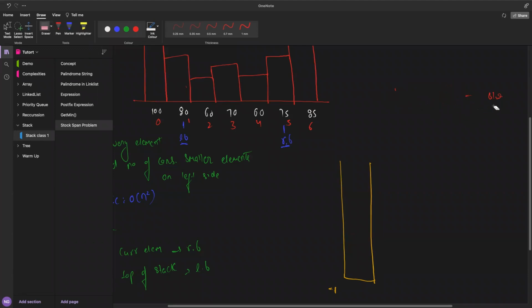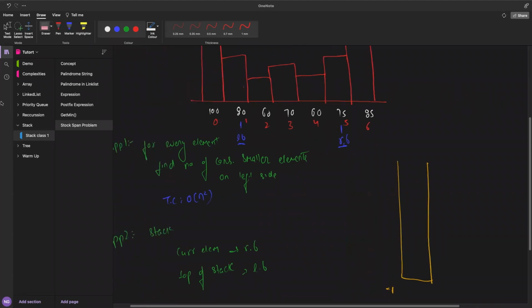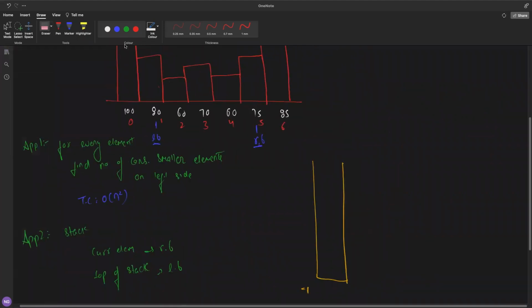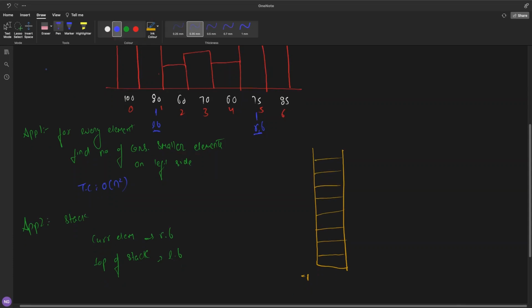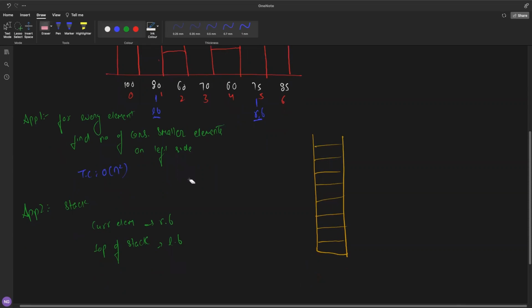How can we use this stack to do so? Let's start. I have the top of this stack as -1. Now the new element comes in.